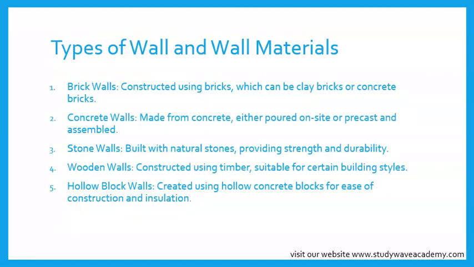We have talked about preparing the ground for building and also the types of foundation. Now we're going to be looking at the types of wall and wall materials. We have the brick walls, constructed using bricks, which can be clay bricks or concrete bricks. Okay?